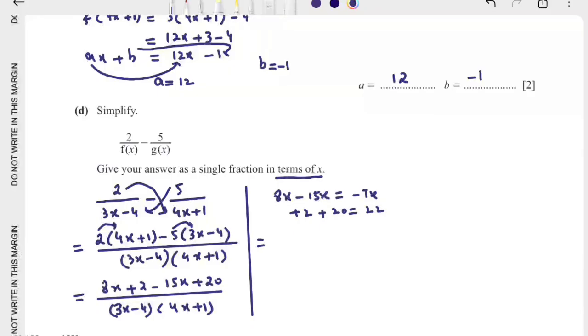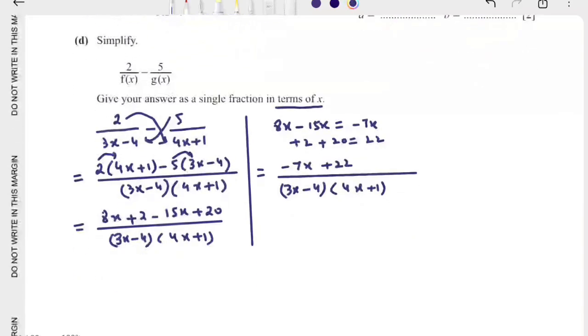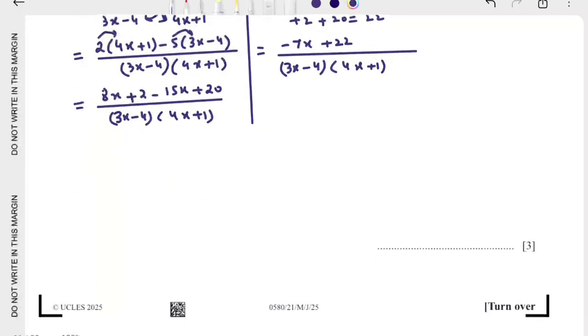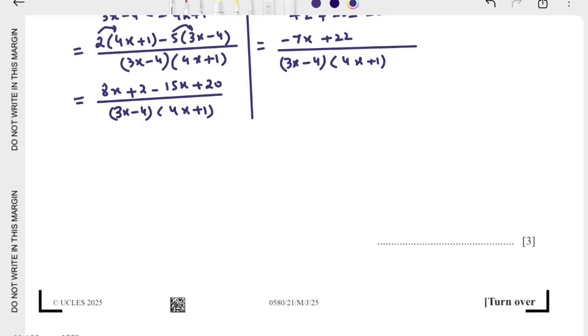Now here we can write this value, minus 7x plus 22 upon (3x minus 4) and (4x plus 1), is the final answer, and we have to write the answer here: minus 7x plus 22 divided by (3x minus 4) and (4x plus 1).